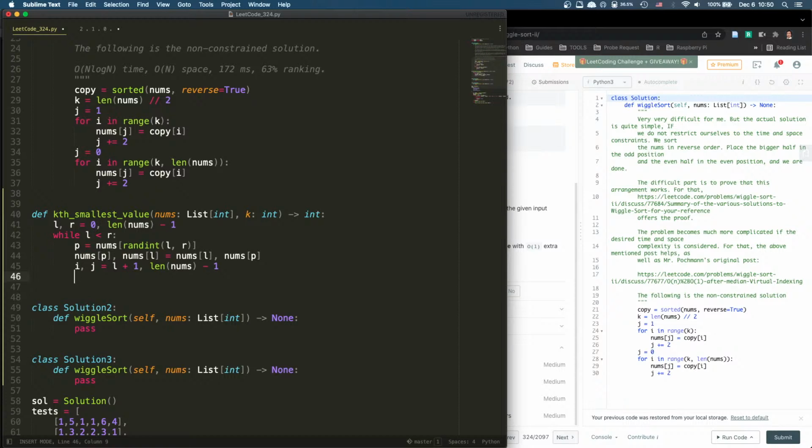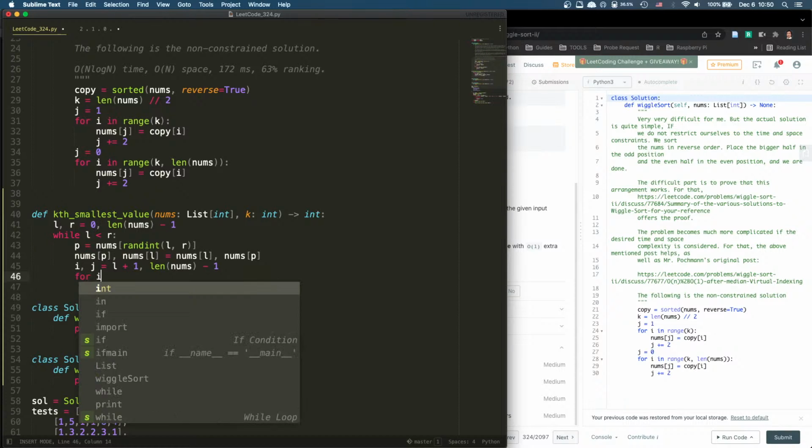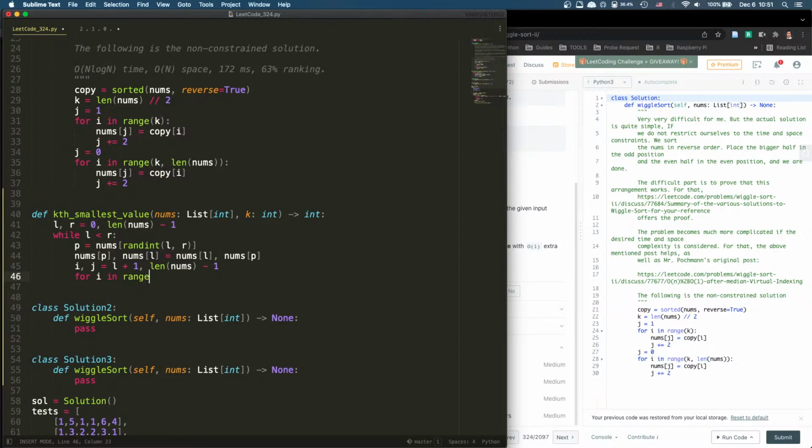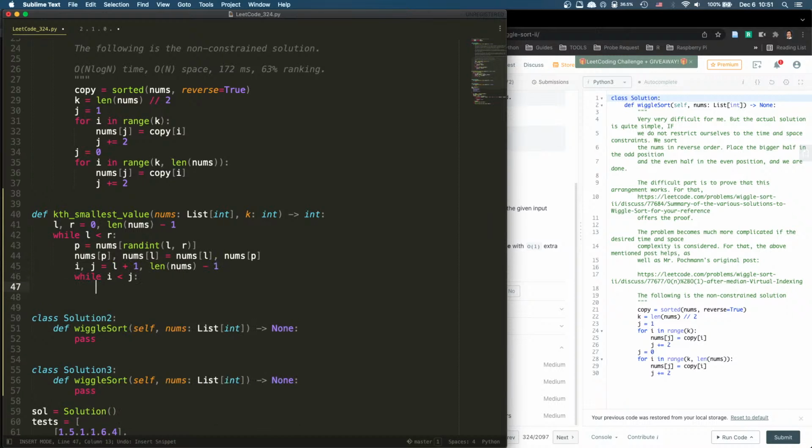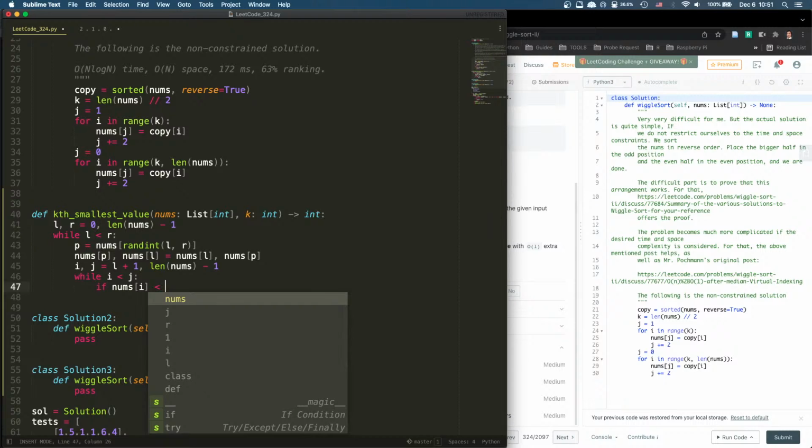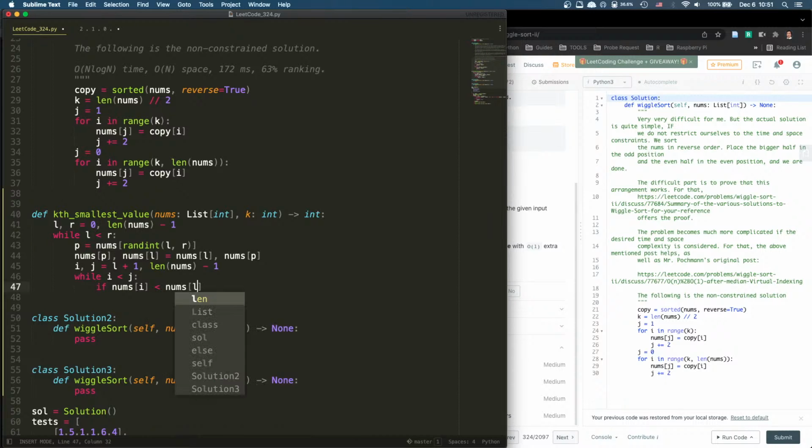How to swap? We say for I in range. Actually, I don't need to specify I. J is here. So I in range L plus 1. Oh, hold on. No. While I is smaller than J, then we can say if nums I is smaller than nums L, right?